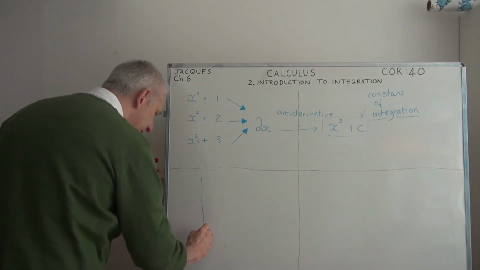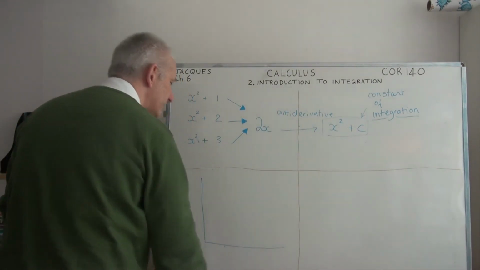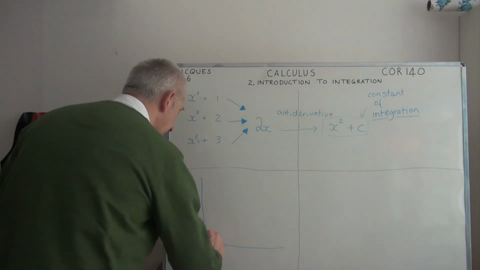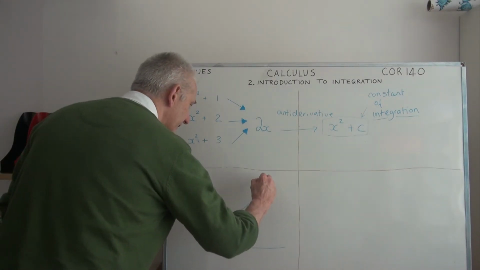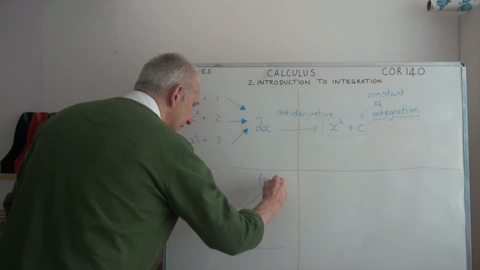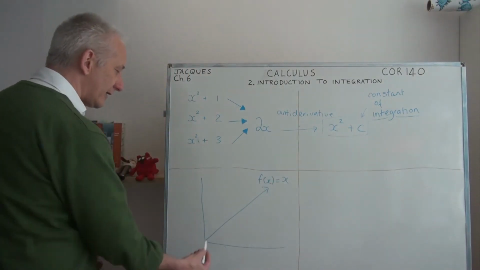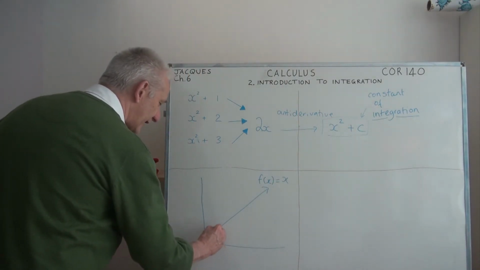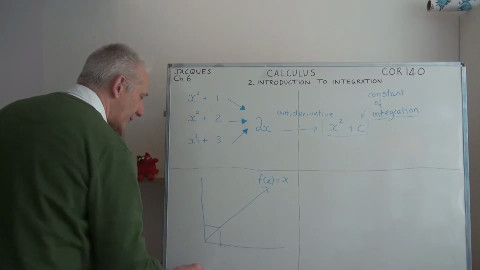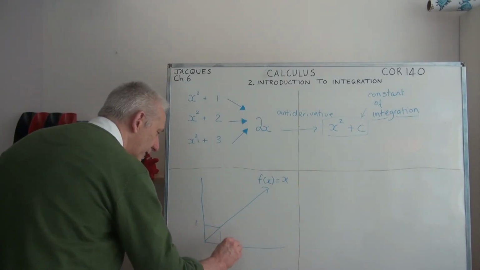I take a nice simple function, y equals x, sorry, a function of x equals x, and for each input value of x we get the same output value of y.